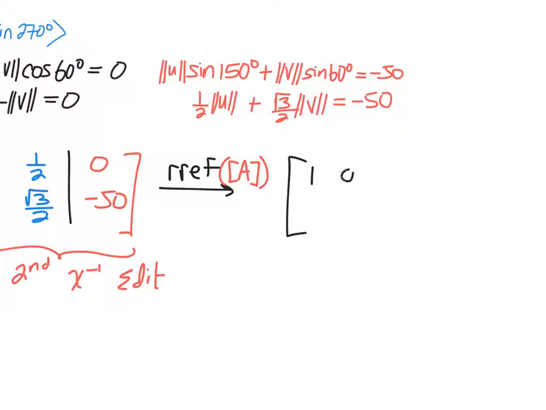All right. I'm going to write it out. We have 1, 0, 0, 1, -25, a shockingly clean answer, and about -43.3. All right, so let me go back to this.